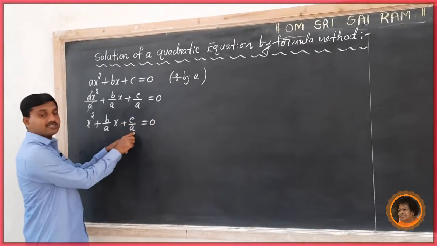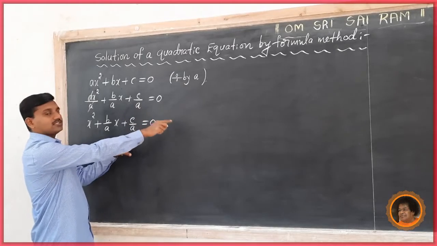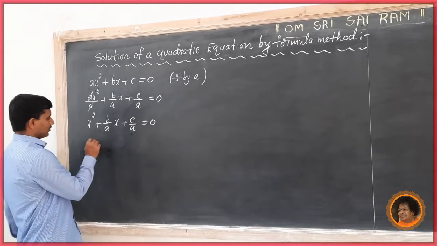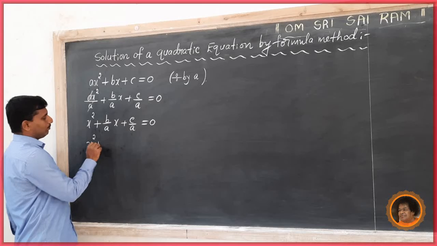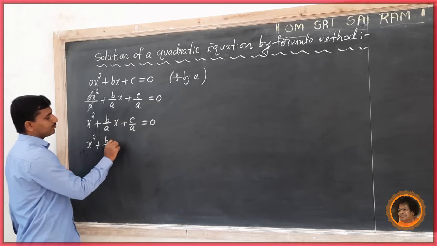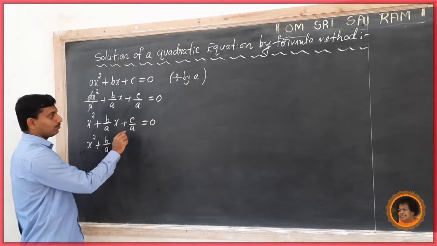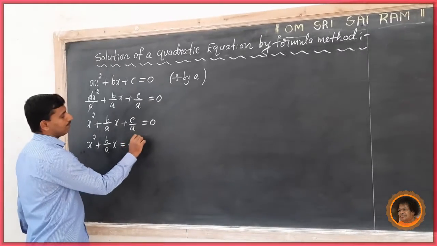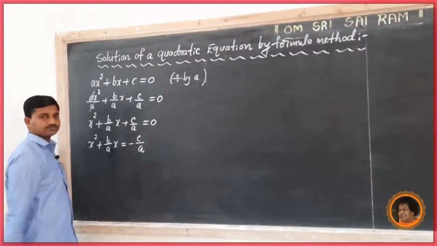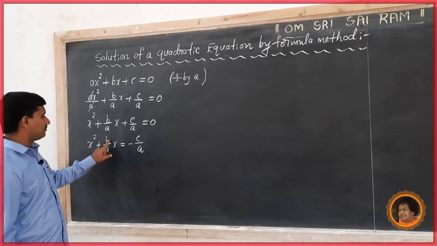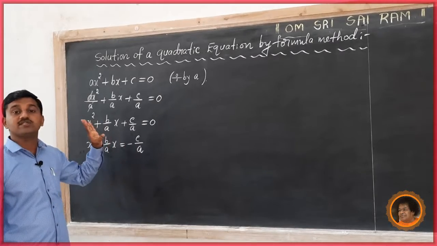This is the constant term. Now, transpose the constant term to the right hand side. So, x square plus b by a into x equal to minus c by a.